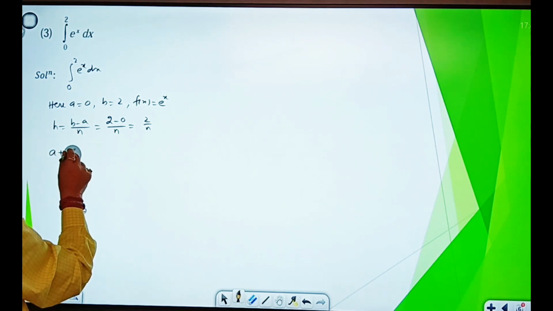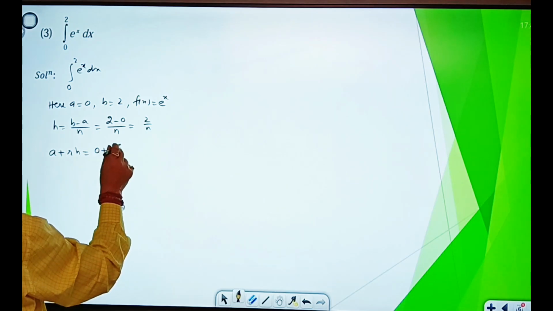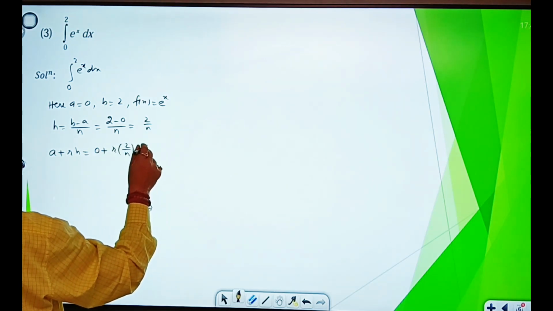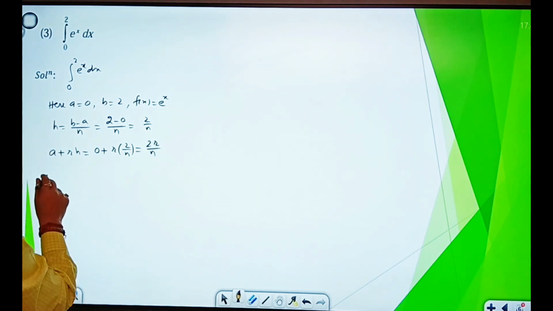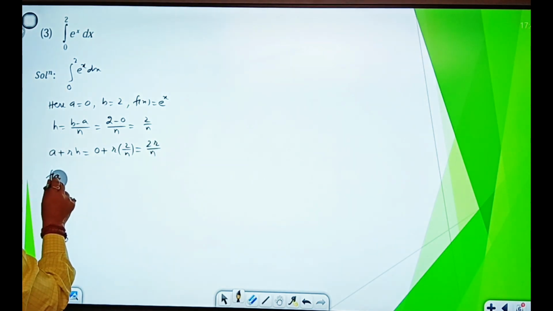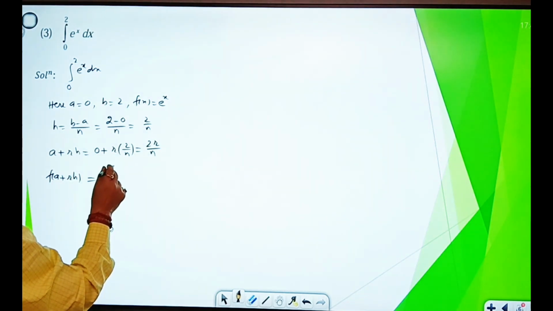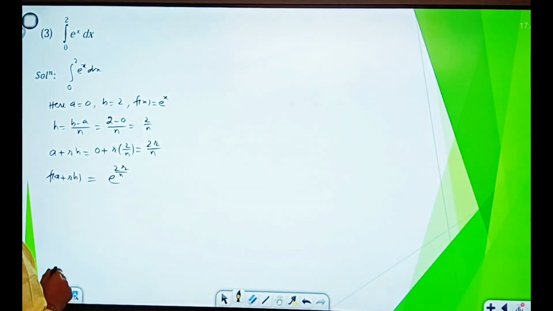Then find a plus rh: 0 plus r into 2 by n, 2r by n. So f of a plus rh is what? e raised to 2r by n.